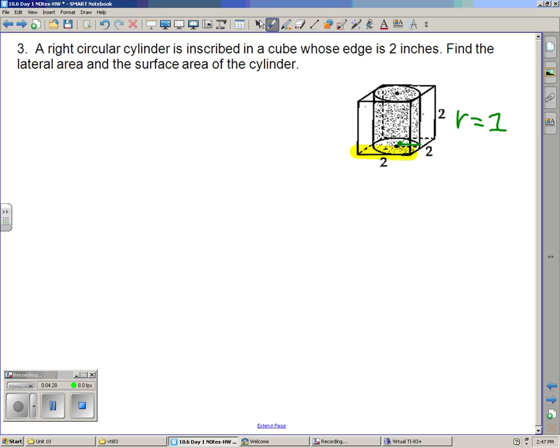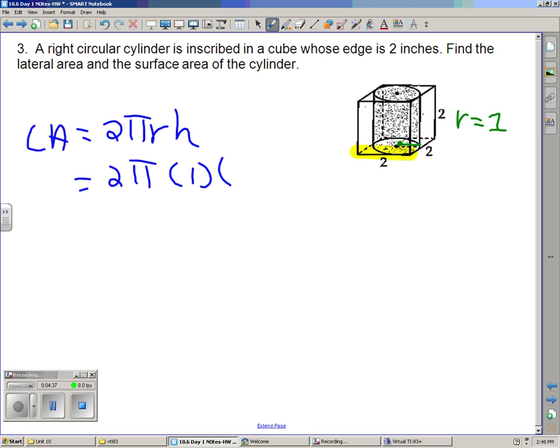So your lateral area, again, 2 pi r h, which in this case is 2 pi times 1 times 2, the height, the length of an edge, since we're dealing with a cube. So in terms of pi, we've got 2 times 2 times 1, 4 pi. It doesn't say anything about rounding, so leave your answer in terms of pi. Lateral area is going to be 4 pi inches squared.